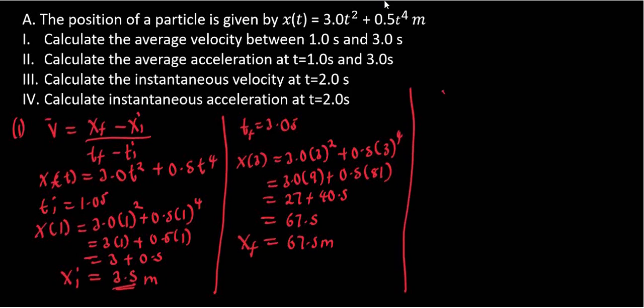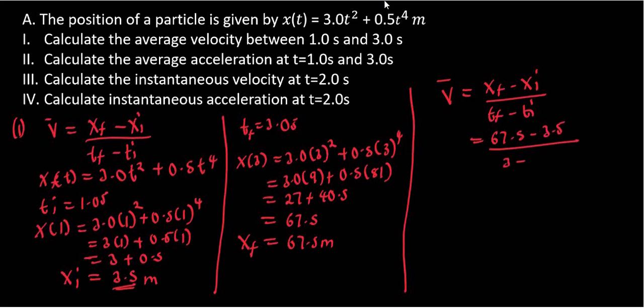What's the question? The average velocity. So you get the average velocity formula. You write it here. Then what is the final displacement? 67.5 minus initial displacement 3.5 over time final 3 minus initial time 1.